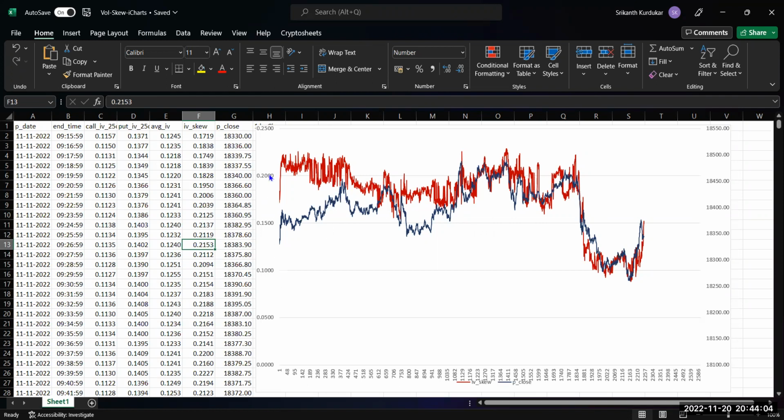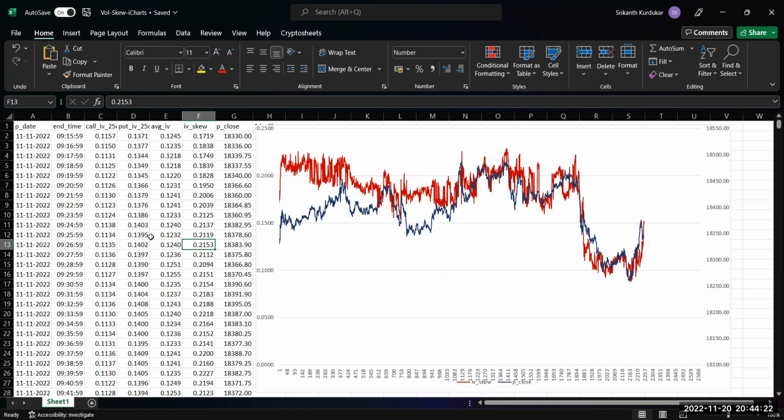Once we give you the skew that is currently going on, we'll also give this particular chart, which will tell you how the volatility skew is placed. Based on that, you can take various directional positions.